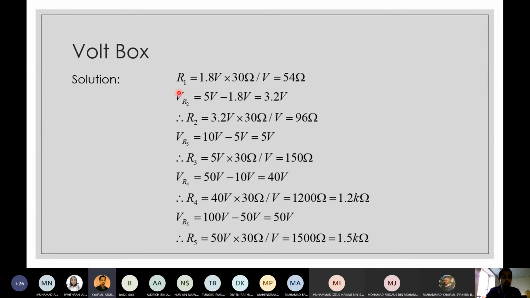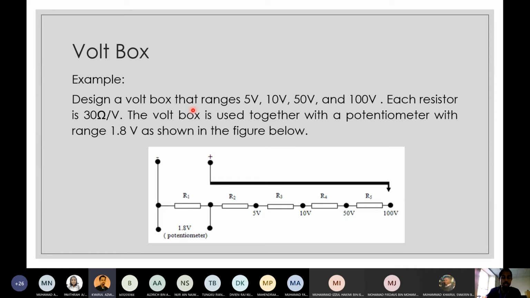Okay, now we need to calculate what is the voltage across R2. So if we go back to the circuit, the voltage here is 1.8. The voltage here is 5 volts. So what is the voltage difference? Must be 5 minus 1.8. So we get the voltage across this resistor should be 3.2 volts.